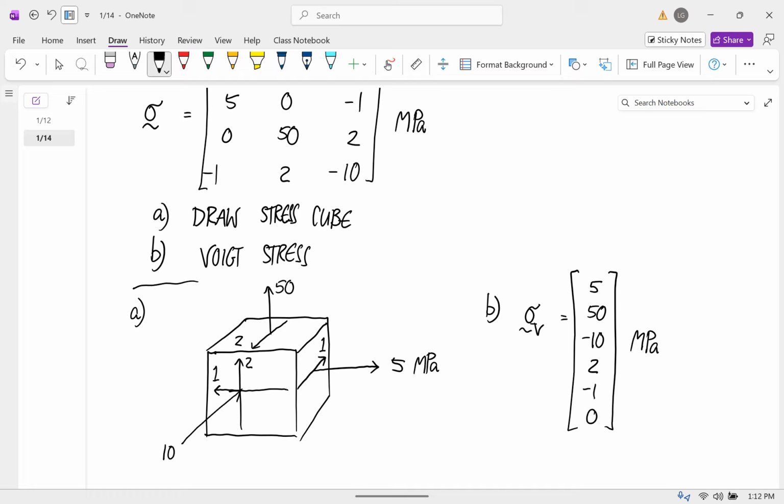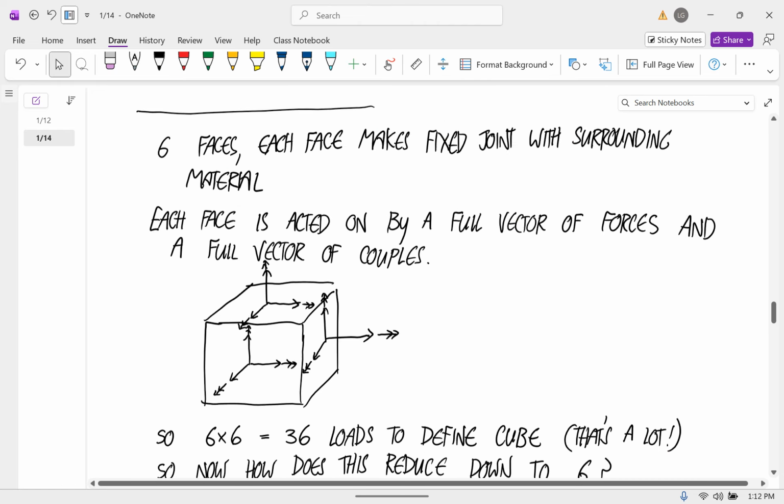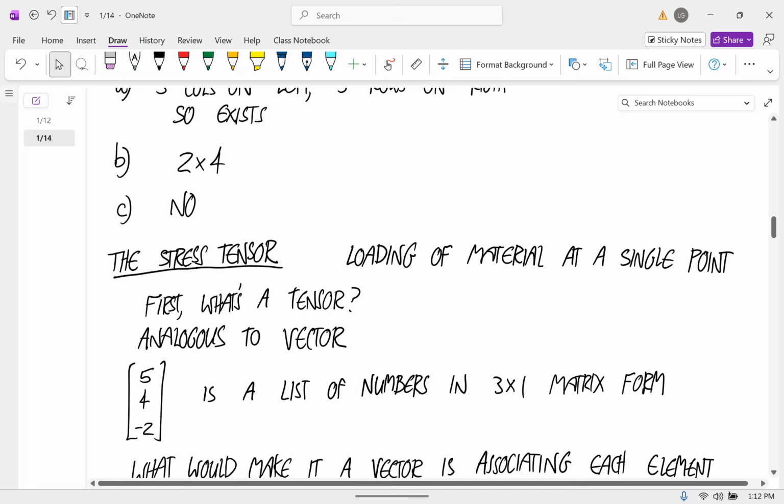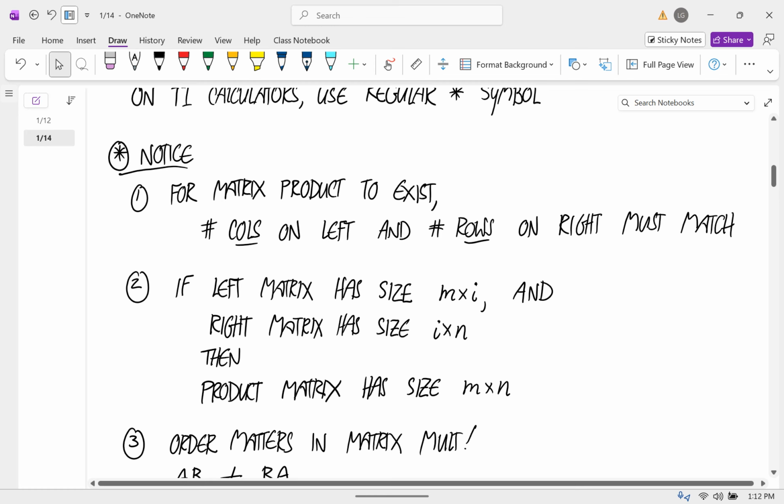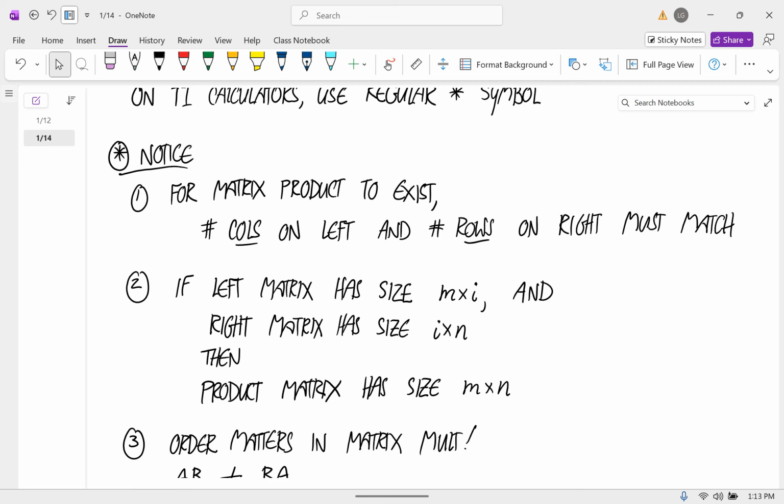So for the quiz, what question might we get? I would be very likely to ask any of this stuff that says notice. What does it take for two matrices to be multiplied together?